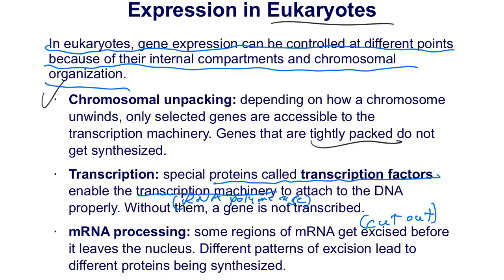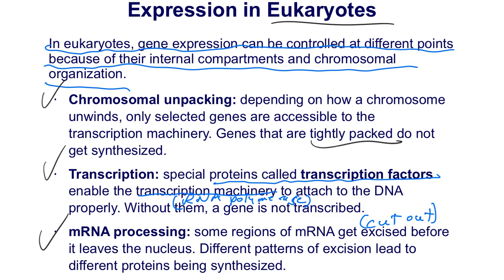That's one way. Transcription controls: there are factors, just like there was the repressor protein, more sophisticated, but transcription factors that are proteins that guide the RNA polymerase to and open up the DNA, make the gene accessible to the RNA polymerase, which is the enzyme that does transcription.